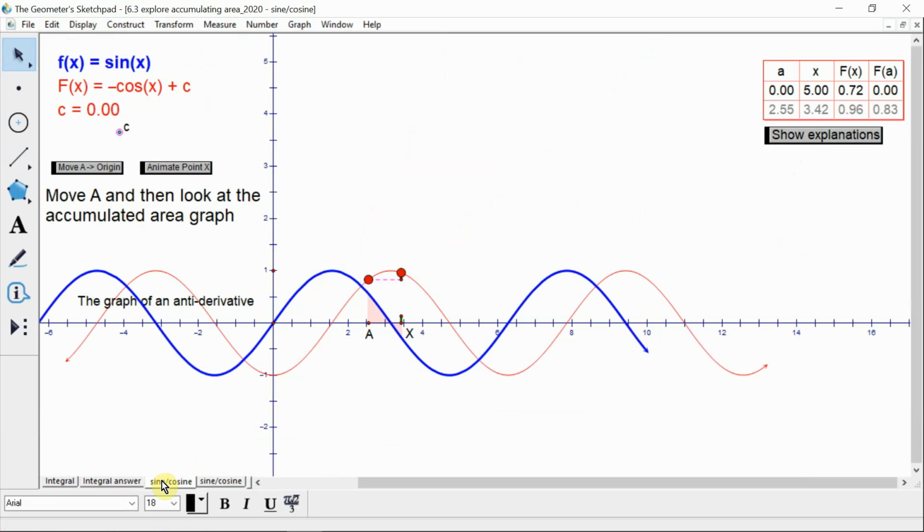Let's take a look at maybe just one other example here, looking at a couple functions, okay? So I have a sine function here. So here's the antiderivative.